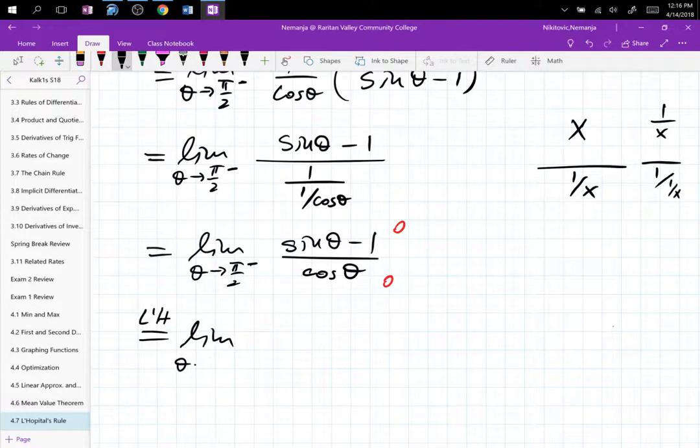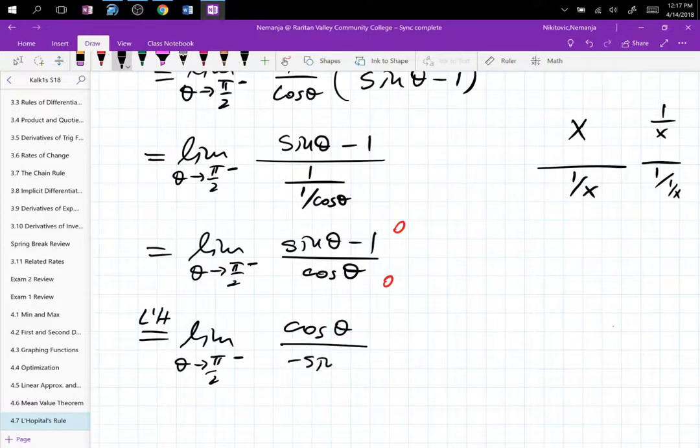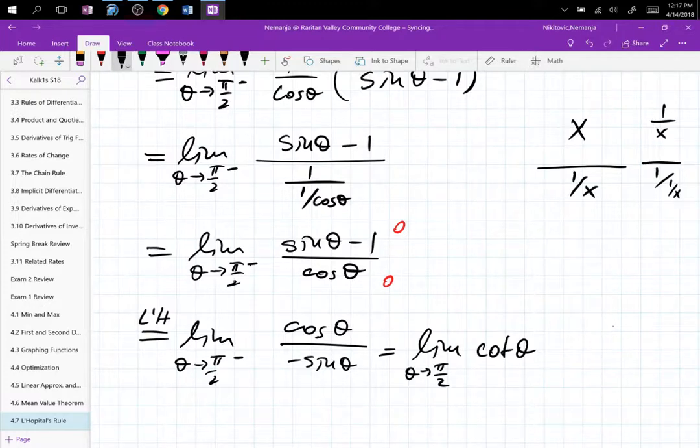The limit as theta goes to pi over 2 from the left: the derivative in the numerator is cosine theta, the derivative in the denominator is minus sine theta, for a total of negative cotangent theta as theta goes to pi over 2. And cotangent at pi over 2 is 0, so negative 1 times 0, which is 0.